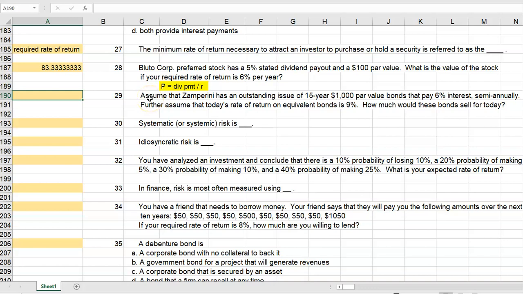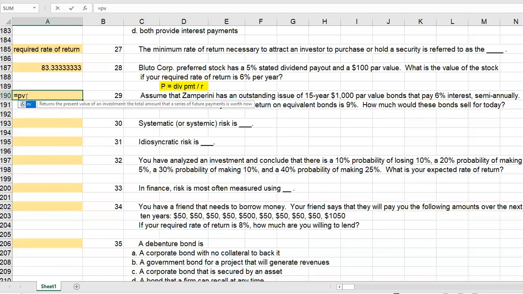All right, Louis Zamperini. Assume that it had an outstanding issue of 15-year, $1,000 par value bonds that pay interest semi-annually. Two times a year, right? Further assume today's required rate of return is 9%. How much would these bonds sell for today? Present value.